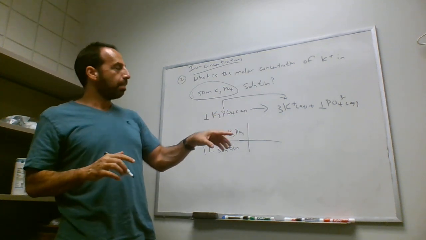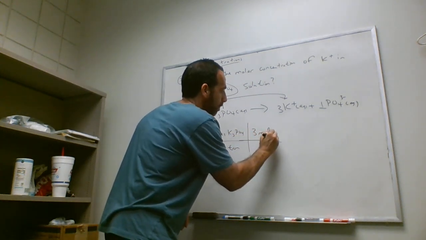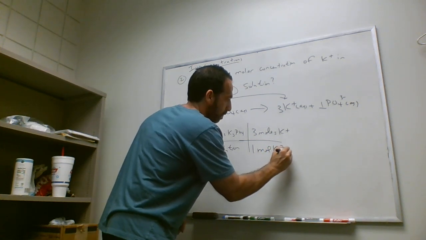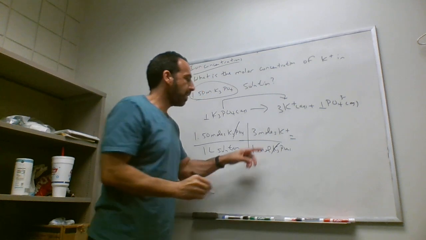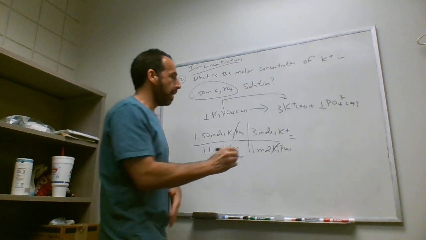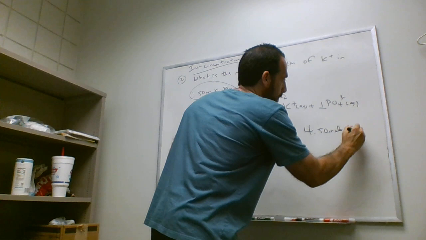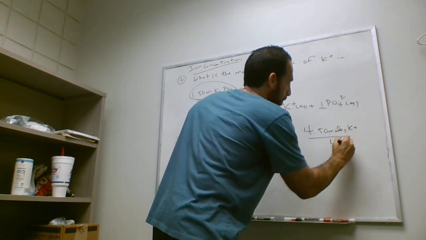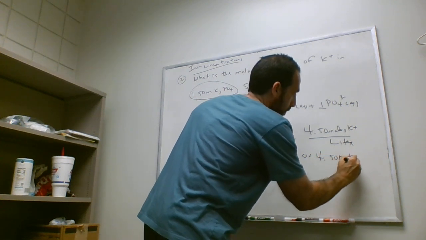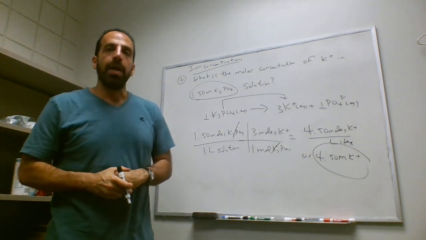I need to get to potassium, so it's a 1 to 3 ratio. 3 moles of potassium ions is equal to 1 mole of potassium phosphate. So when I work this out, I'm going to end up getting 4.50 moles per liter, or 4.50 big M potassium ions.